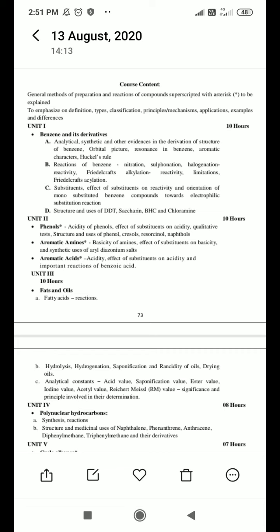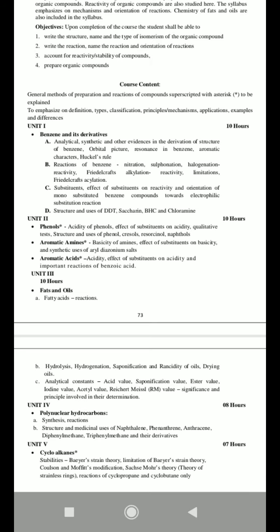Then D part is structure and uses of DDT, saccharin, BHC and chloramine. DDT means dichlorodiphenyltrichloroethane, structure and uses of that. Then also saccharin, also BHC, I think hexachlorocyclohexane, and chloramine.